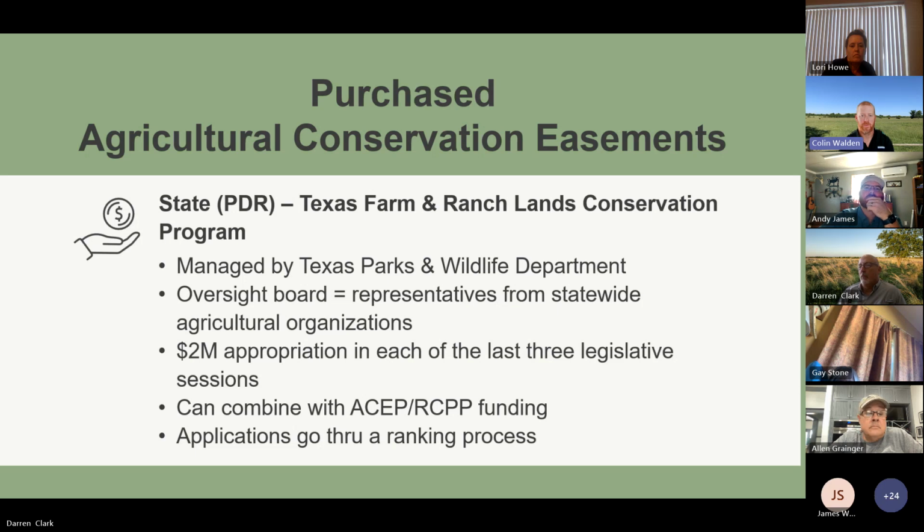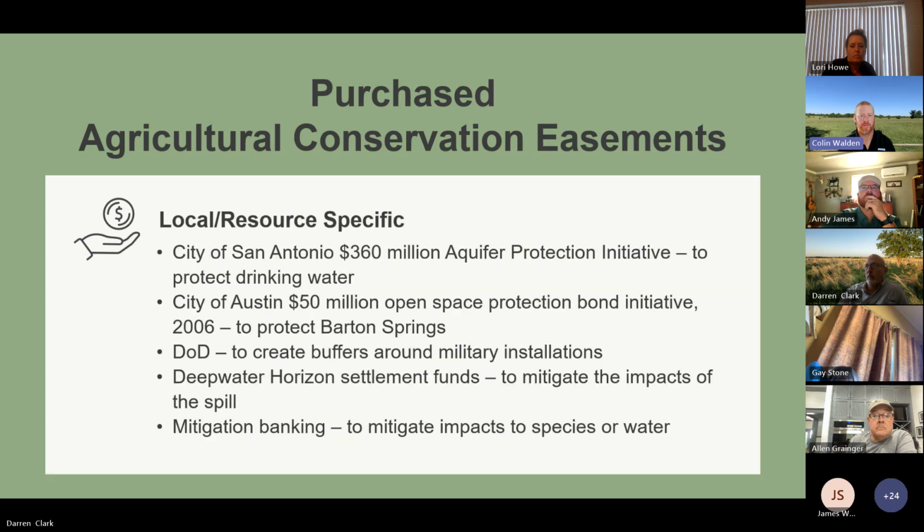It doesn't preclude you from getting an ACEP-funded easement as well. We would love to see that dollar amount grow, especially with the pressure, as Darren mentioned, that Texas sees on losing our ag lands. So it's again a ranking process, and we're subject to ranking high enough to get funded on that program as well. Go ahead.